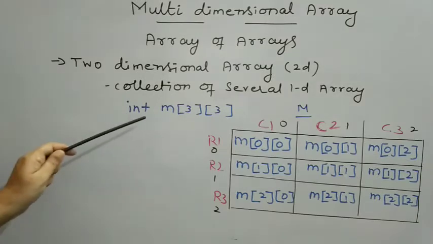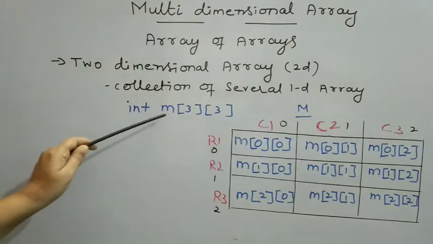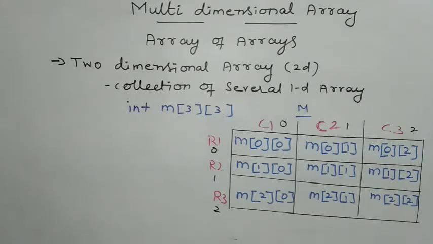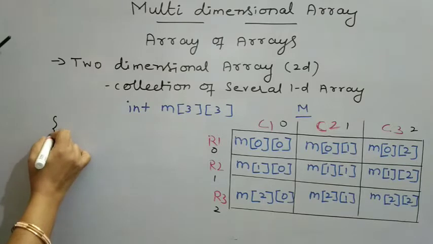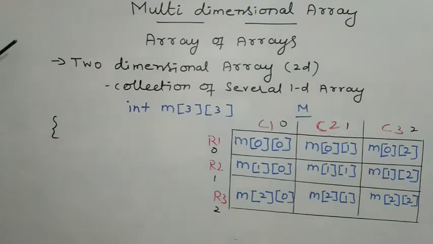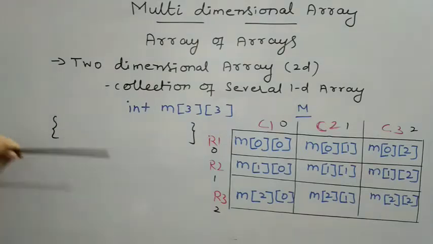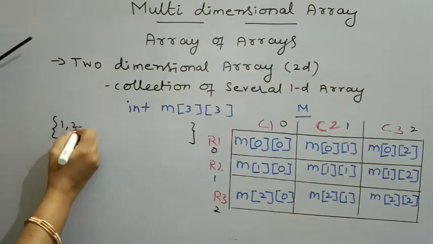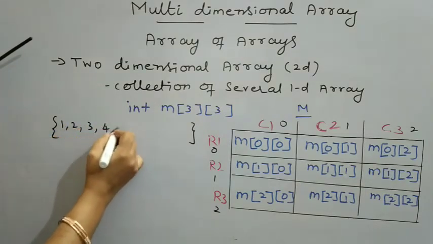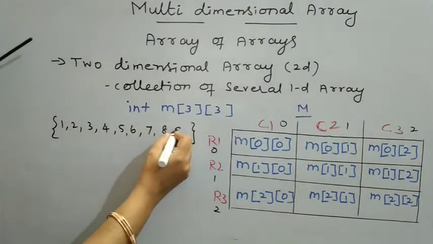If we want to initialize this two-dimensional array with some values, how do we do it? We can initialize the individual elements of the array within curly braces. Within the curly braces I can specify the elements. We have 9 different elements, for example 1, 2, 3, 4, 5, 6, 7, 8, 9.